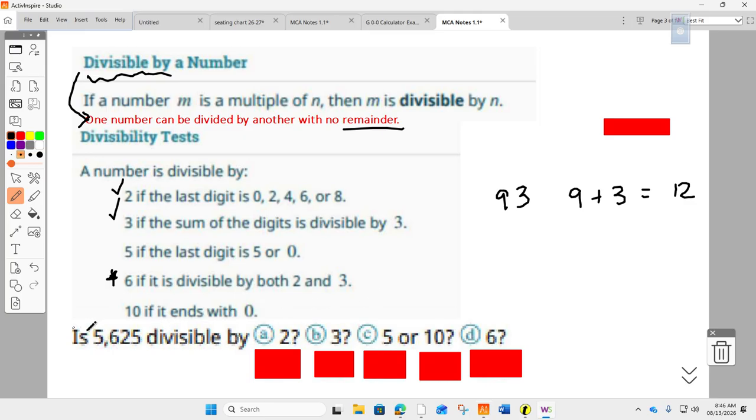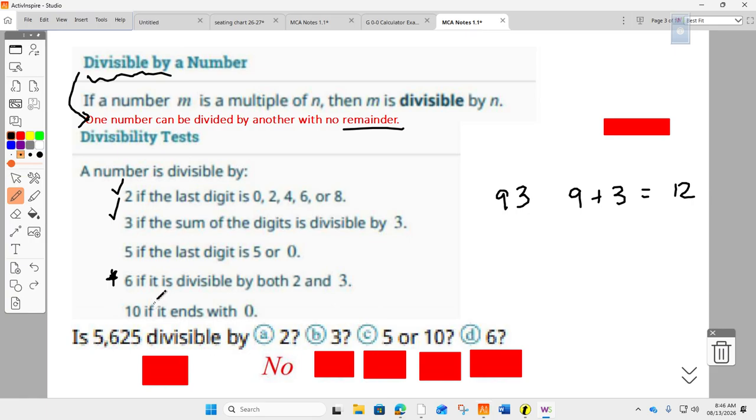You do have this on your paper, so I'll get rid of boxes here, so you're going to circle. Is 5625 divisible by 2? Actually, I'm going to put yes or no. Angel said no. Anybody else? Okay. It is not. A 5 is not one of those even numbers. Is it divisible by 3?